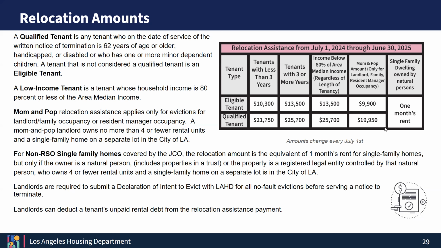So it's a very different amount, very different rule, but this does not apply to RSO units. This 1 month's rent is only for units that are subject to the just cause ordinance, which is not the topic of today. But just know that generally, if it's 1 unit on the property, a single family dwelling, the owner might be eligible to qualify to pay relocation equivalent to 1 month's rent, but it does not apply to RSO units.